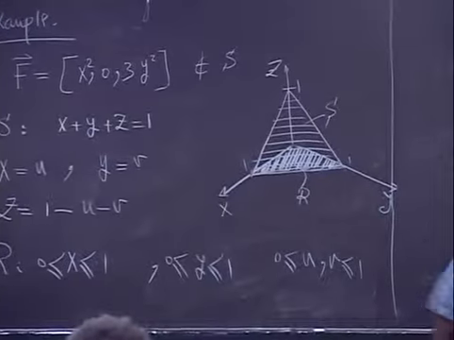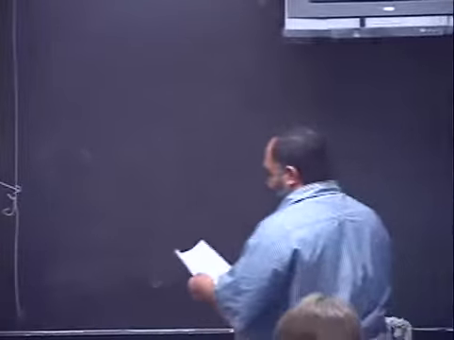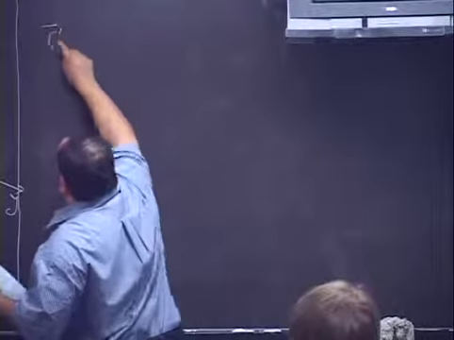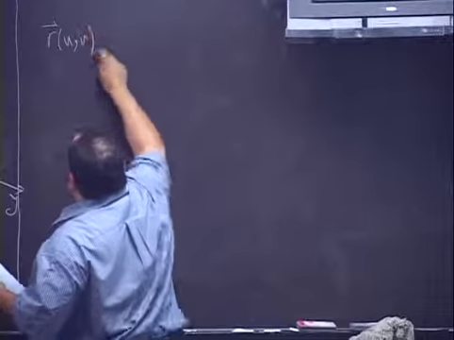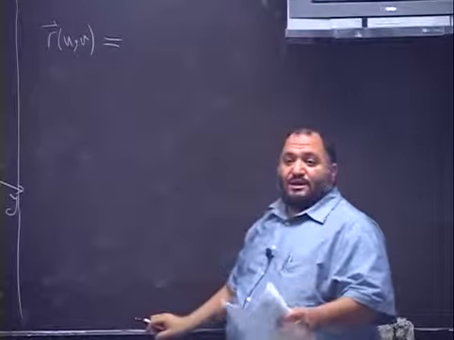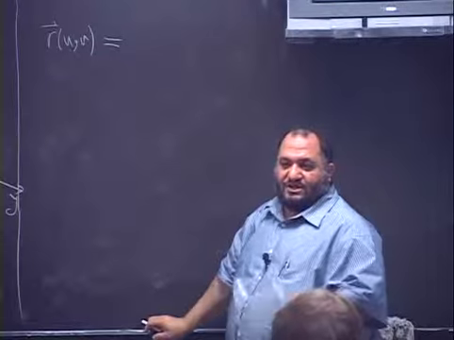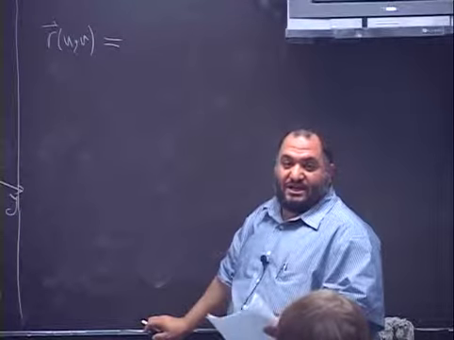So now we want to evaluate r of u and v. We said that r of u and v is just x of u and v in the i plus y of u and v in the j plus z of u and v in the k.